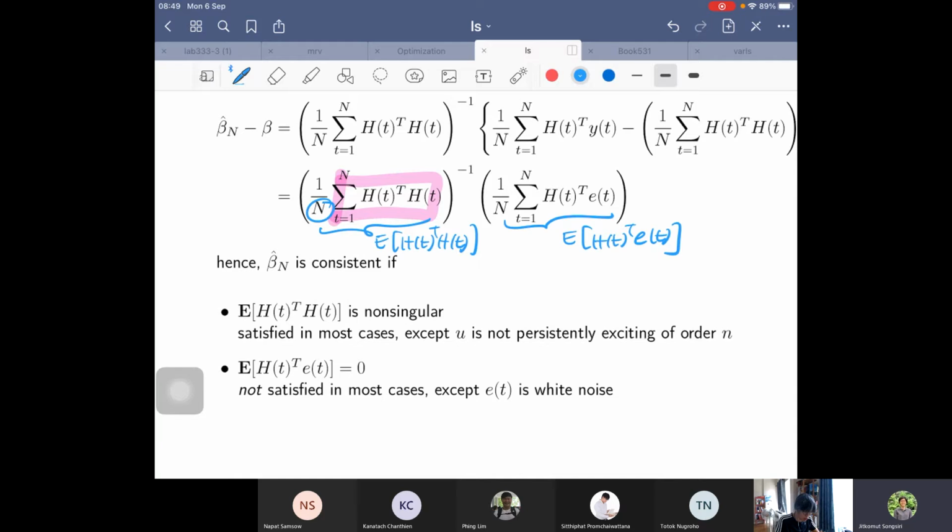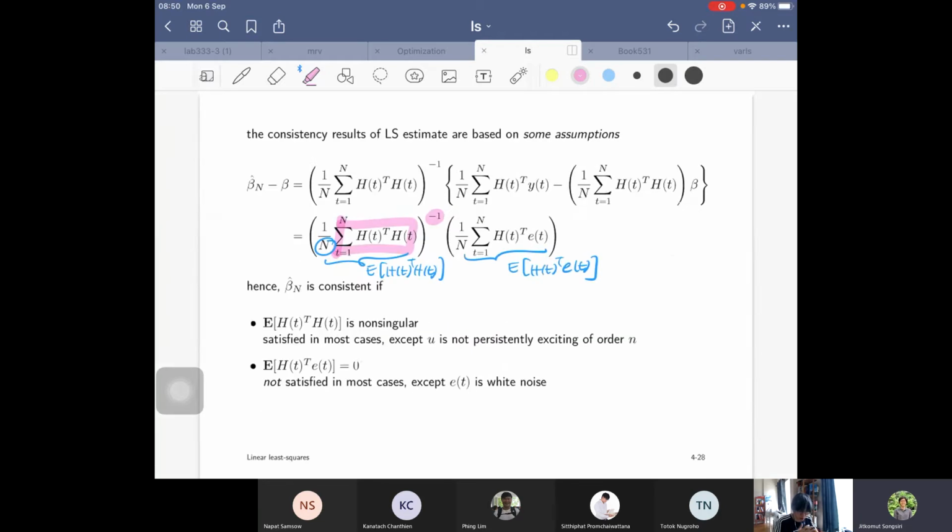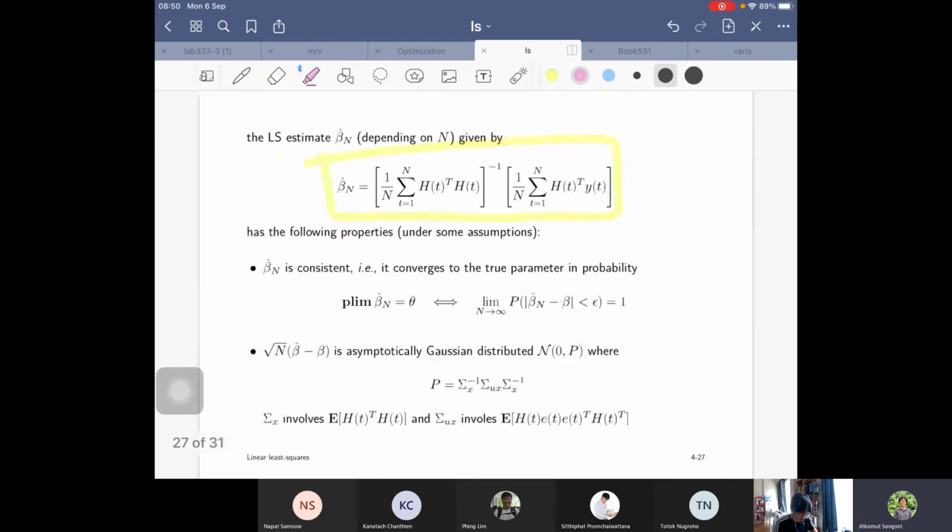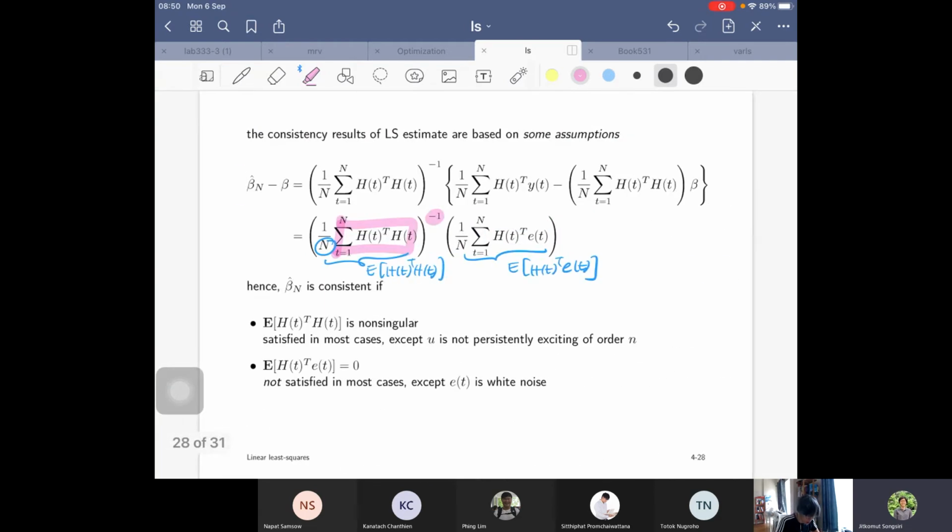The first term, the pink term, is supposed to be invertible. So the consistency result that we saw previously, based on the expression of the bias term, requires that the expectation of HT transpose HT is non-singular, so that the inverse exists.